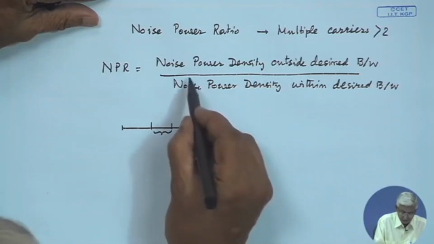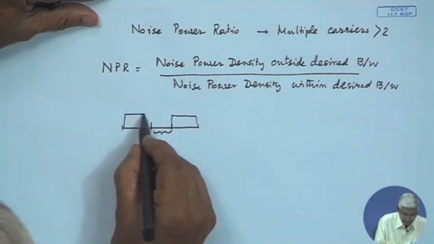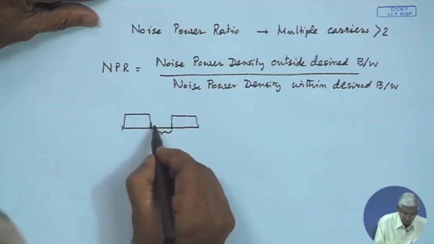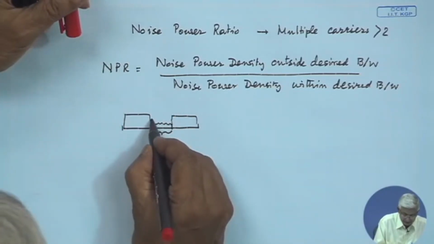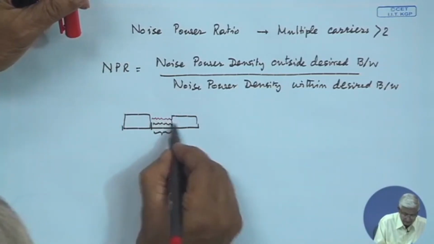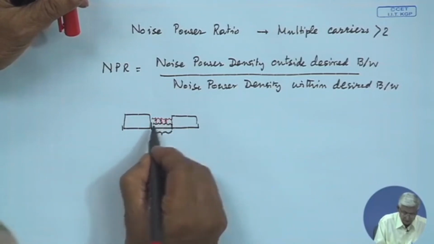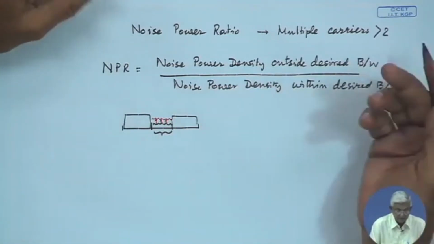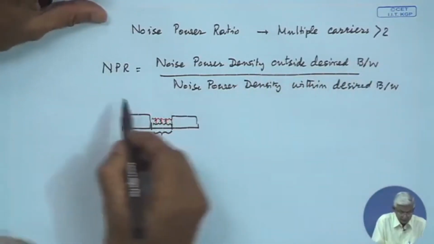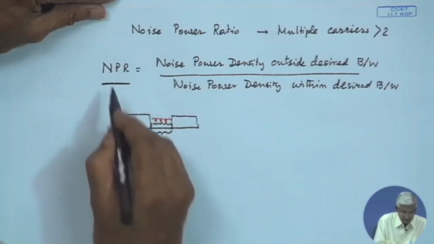So, noise power density outside this and noise power density which is falling into this, that will fall. Initially there is a noise power density and it will increase because of this intermodulation. So, it is a measure, people do measurement using notch filter and noise generator, but I just wanted to tell you that there is another term which is NPR.